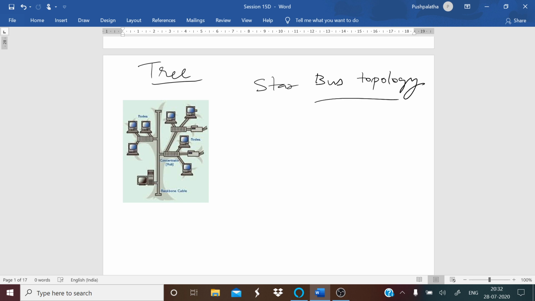See here, there is a hub, there are systems here, similar to your star topology, but there is a cable here again. So this is similar to your bus topology.